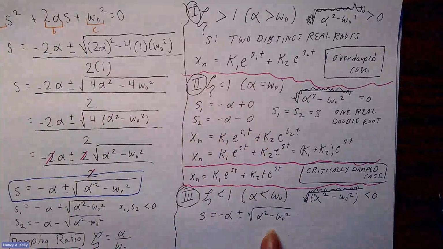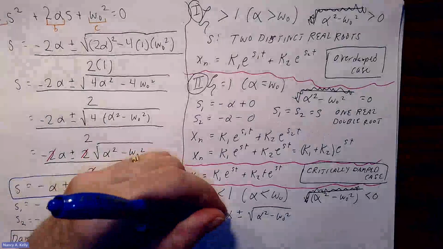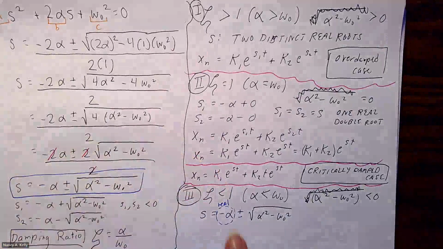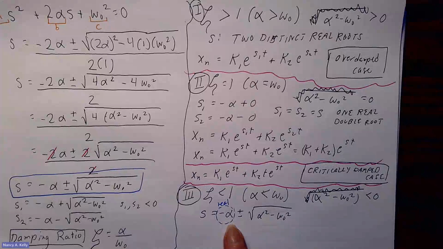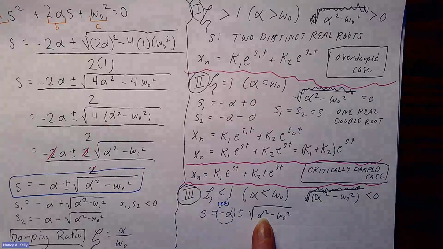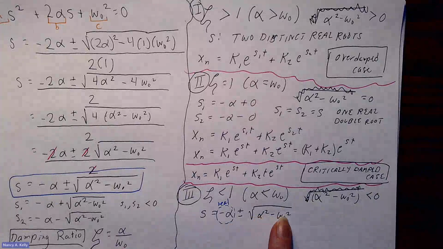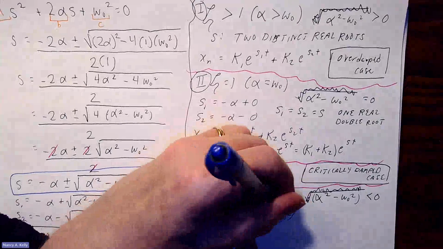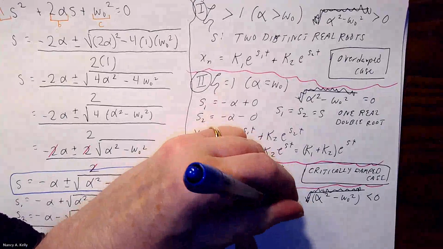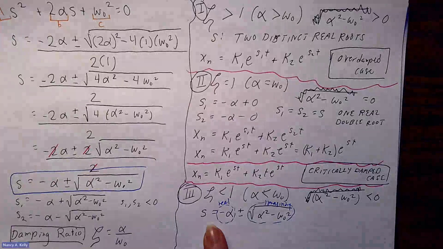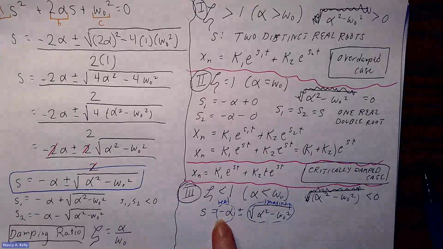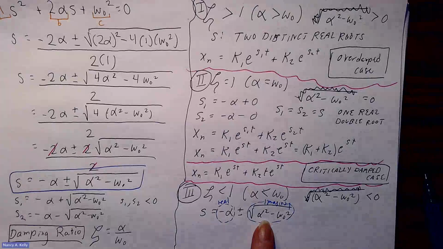This here is a real number, and it's negative, which is fine. And this here, because what's under the radical is negative, is going to be an imaginary number. So we end up with two roots, each with a piece that's real and a piece that's imaginary.